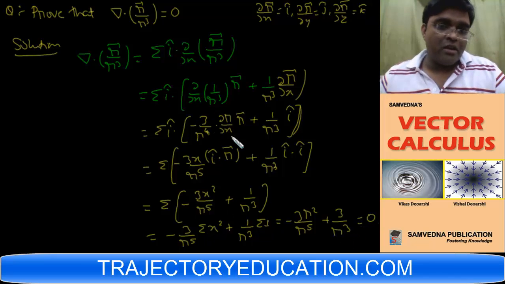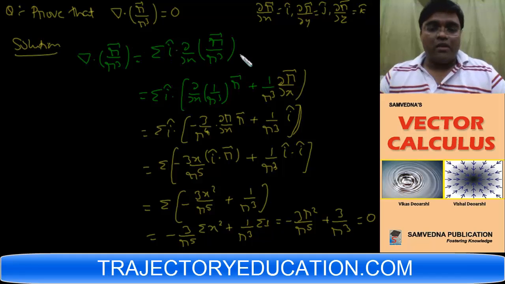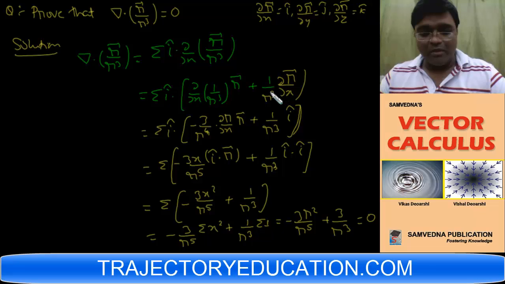This is very important, right? This becomes 0. So you have to remember these things. So this is a problem on divergence. I'll do the other problems. Let's go to the next question.